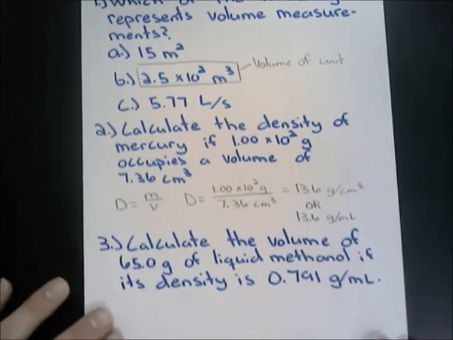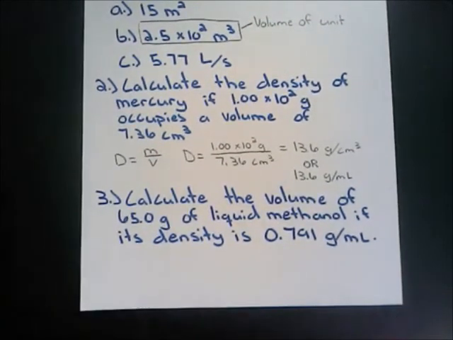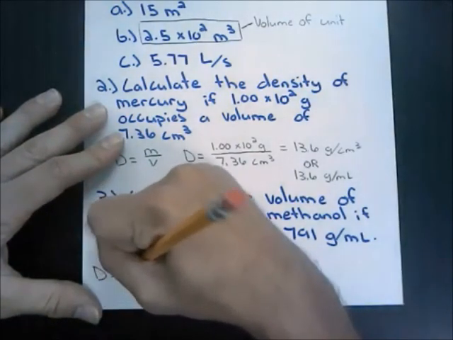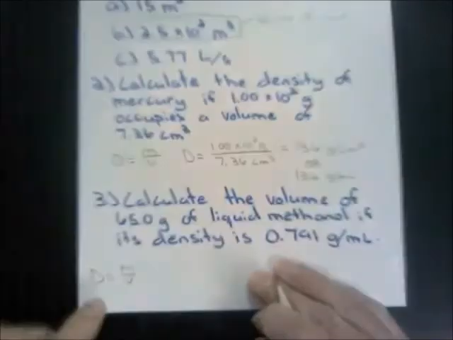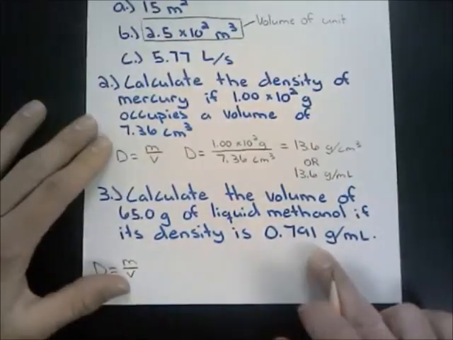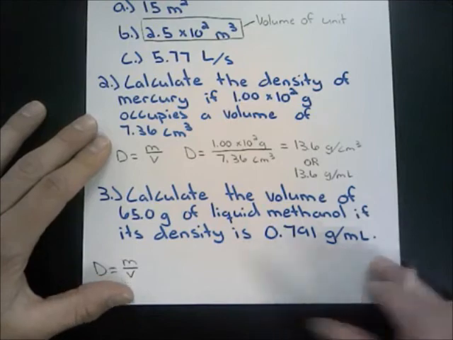All right, our last problem here, another density problem. We want to calculate the volume of 65 grams of liquid methanol if the density is 0.791 grams per milliliter. So again, always start with your formula, and then we can just plug numbers in. So our D for density is given at 0.791 grams per milliliter.